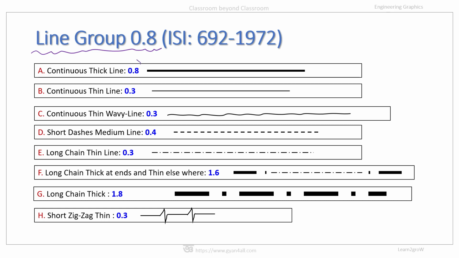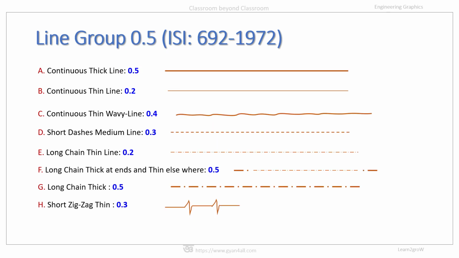Here the thickness starts with 0.8 for A type line, that is continuous thick line, and other thicknesses are given here. The only difference is that the long chain thick line has the thickness of 1.8 in this group. This is different from line group 1.2.